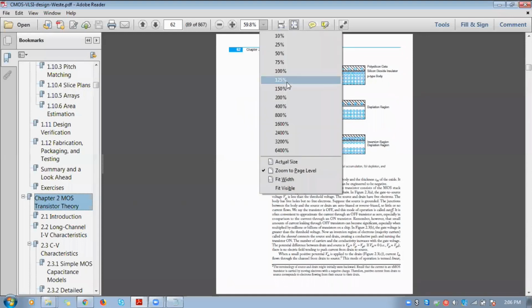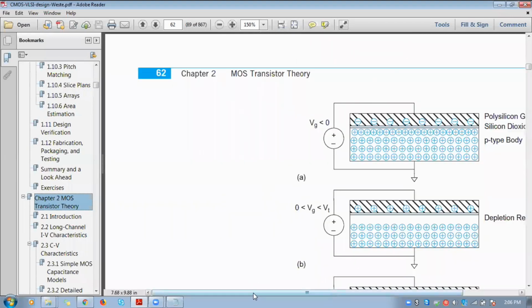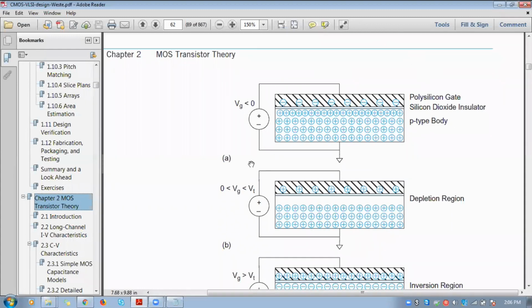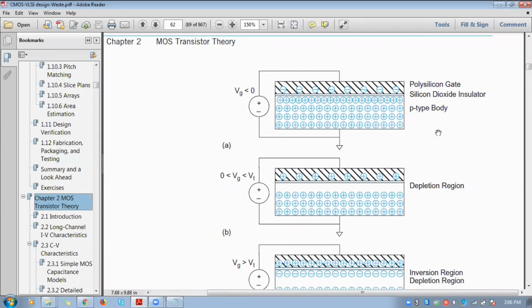Initially we need to understand the MOS stack principle, how a MOS stack has to be activated. We are going to make use of the regions of operation of the transistor. You might know that three regions of operation are available for every transistor, irrespective of whether it is an analog or digital transistor.